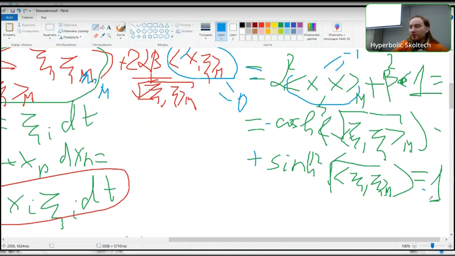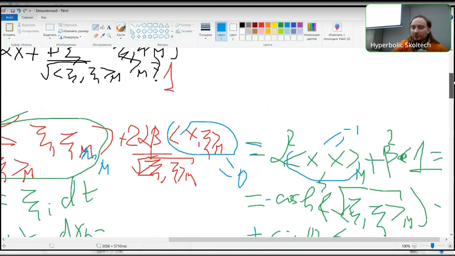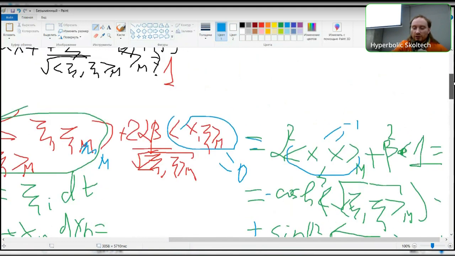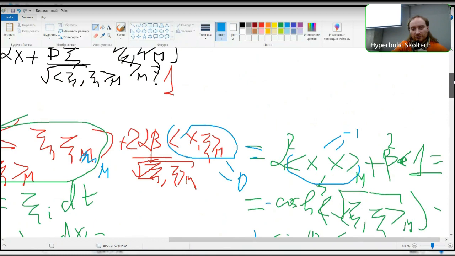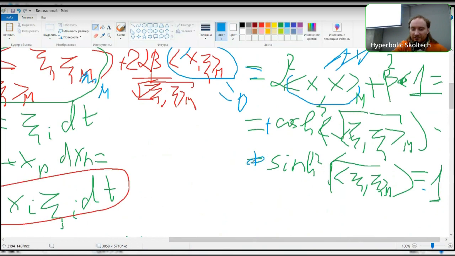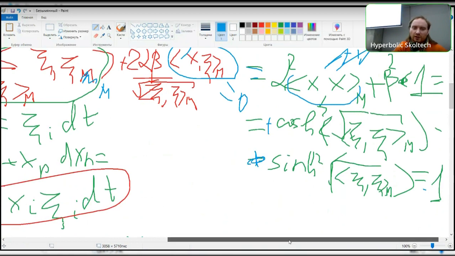So this equals to -1. So why is this minus or why is this plus?